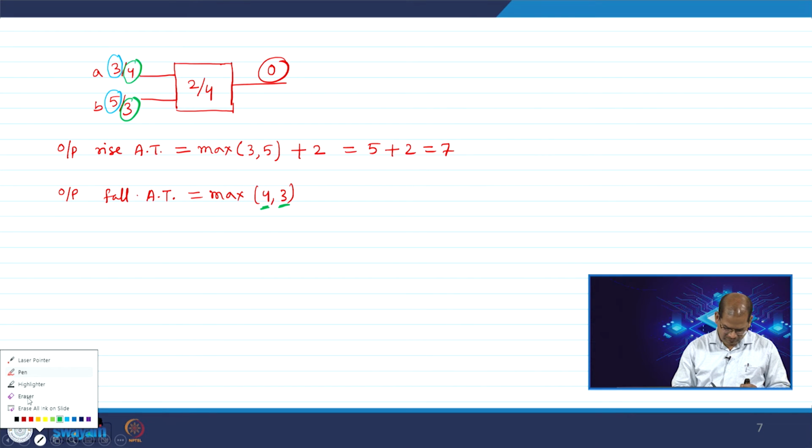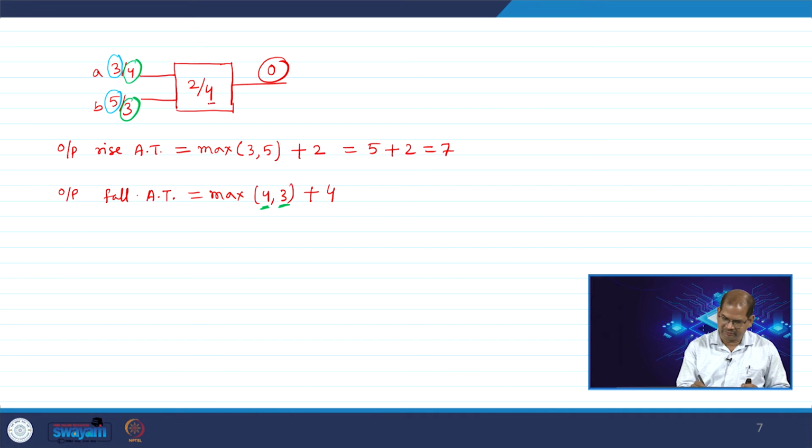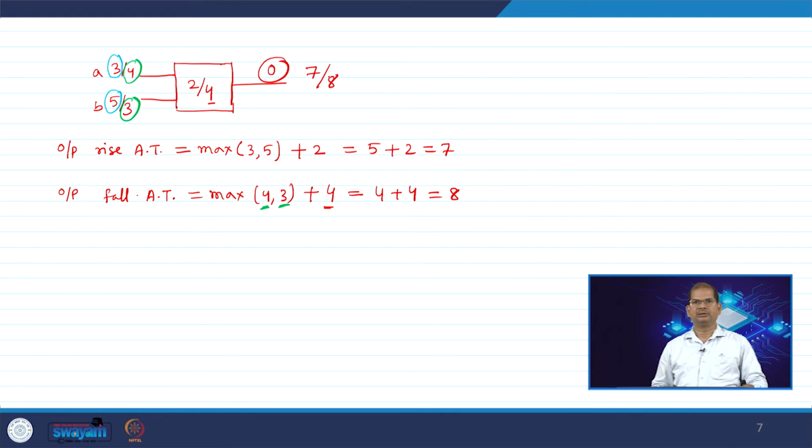Then I have to take the fall delay, which is 4 here. This 4 is the same as this 4. So, this is basically 4 plus 4 is 8. Okay. So, the output arrival time is 7 by 8.